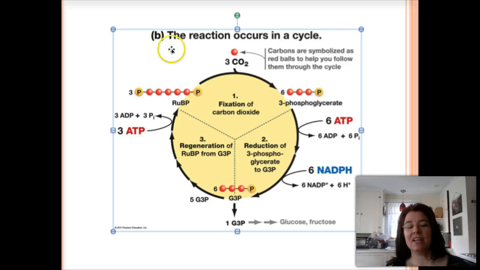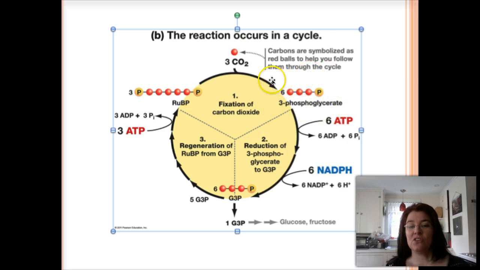And I like this diagram because it reminds us that RUBP has 5 red carbons and carbon dioxide has 1. And when they come together, we get 2 molecules of a 3-carbon molecule called 3-phosphoglycerate.